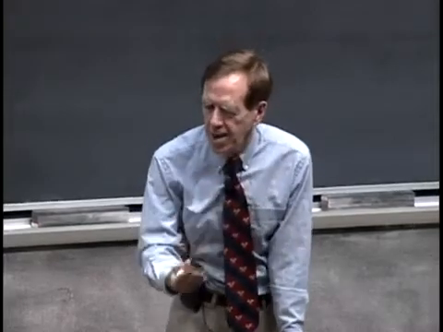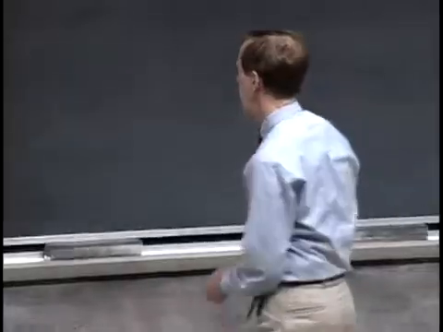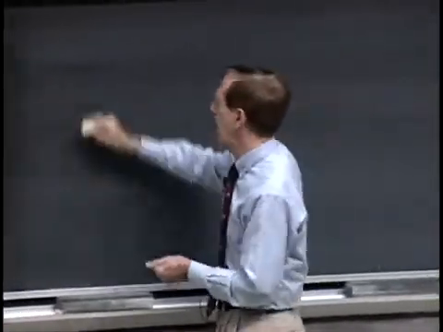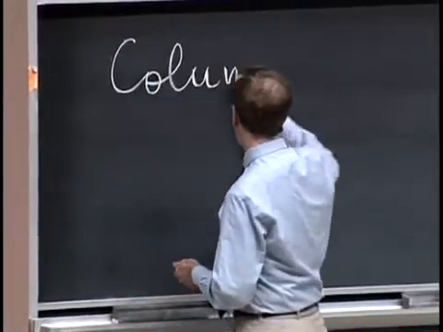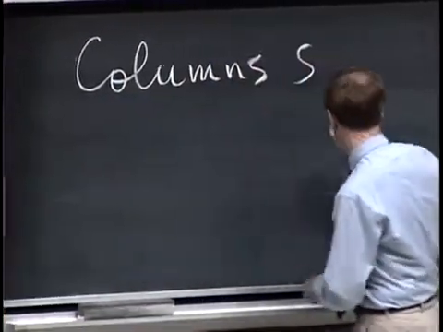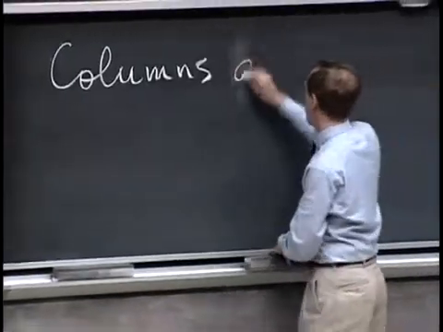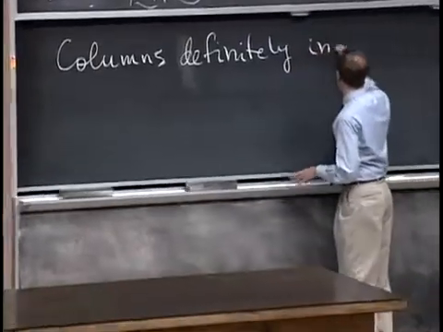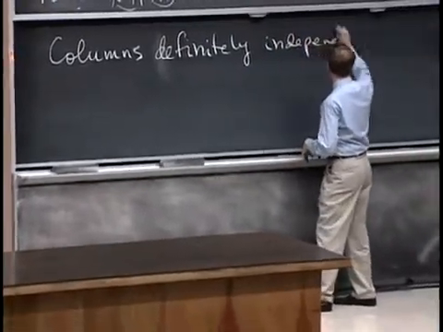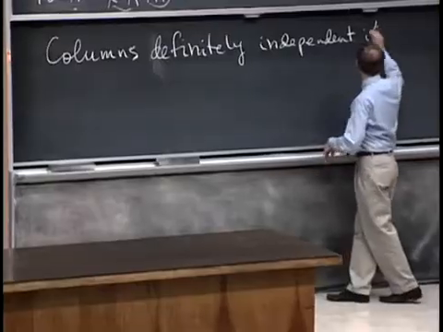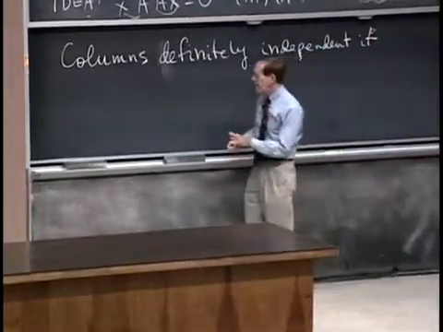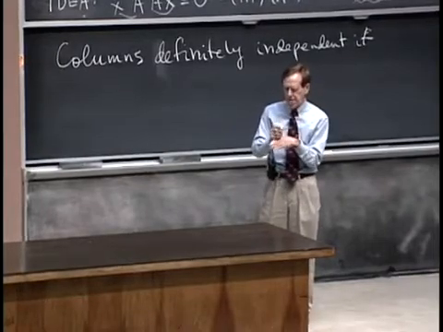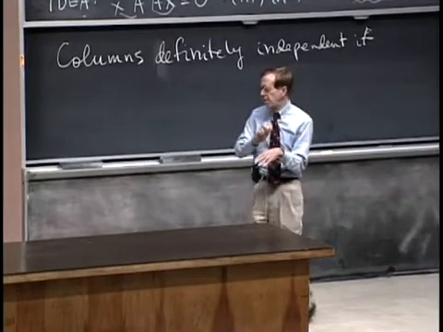There's one case when columns are sure to be independent. And let me write that down, and that'll be the subject for next time. Columns are certainly independent, definitely independent, if they're perpendicular. Oh, I've got to rule out the 0 column. Let me give them all length 1, so they can't be 0.